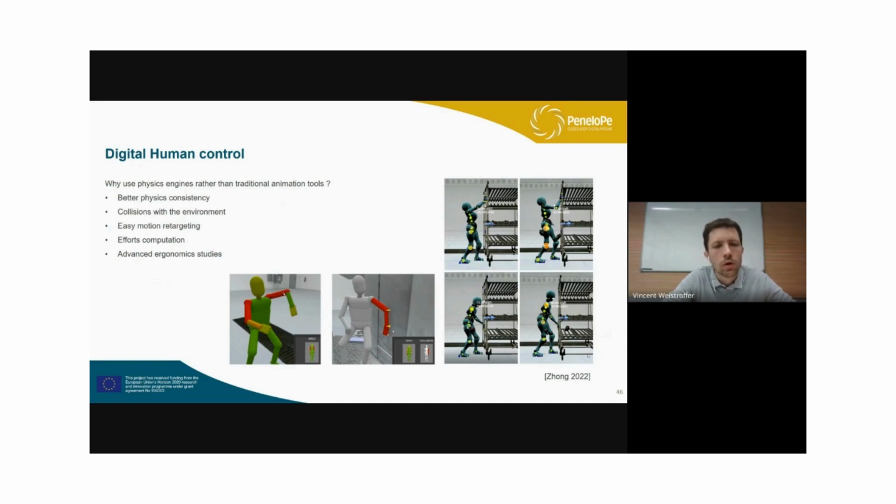If you want to map your motion capture targets onto different morphologies, it's quite easy to do with a physics engine. And in the end, that's really the main point of this presentation, the physics engine will provide you with efforts computation and some more advanced ergonomic studies that you cannot perform if you use traditional animation algorithms, okay?